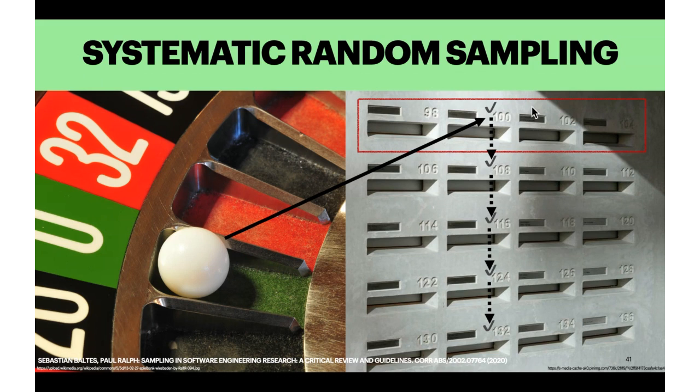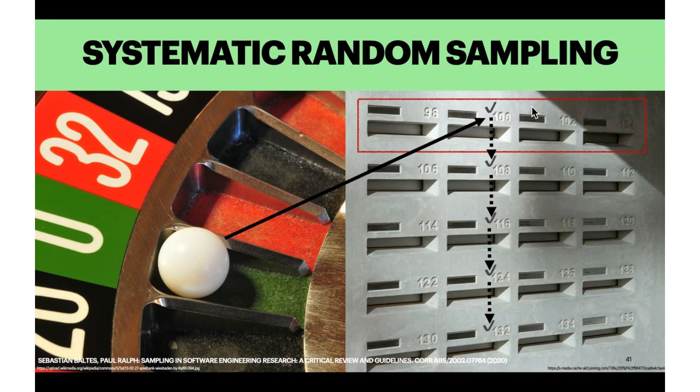So essentially, if you have chosen, for instance, the first number, and the first number is 100, then we essentially select the entire second column in those letter boxes. So we typically select something like every nth item in a series.